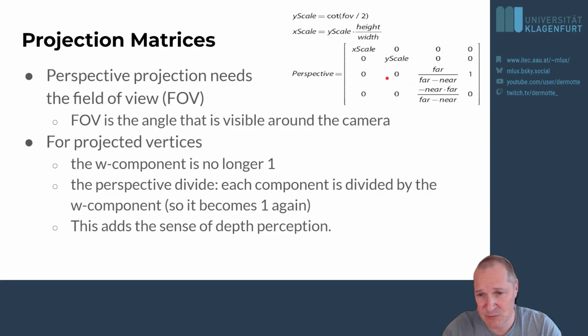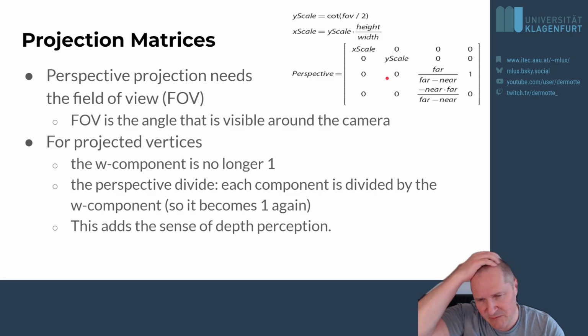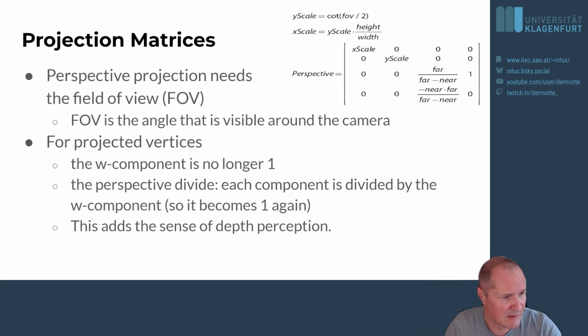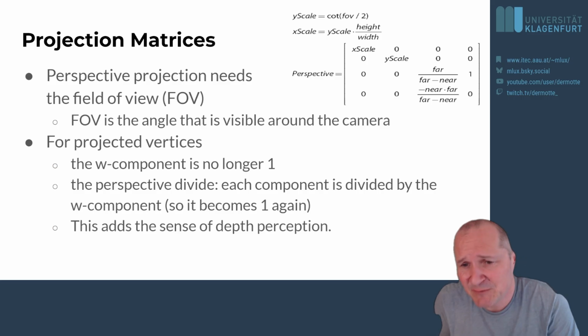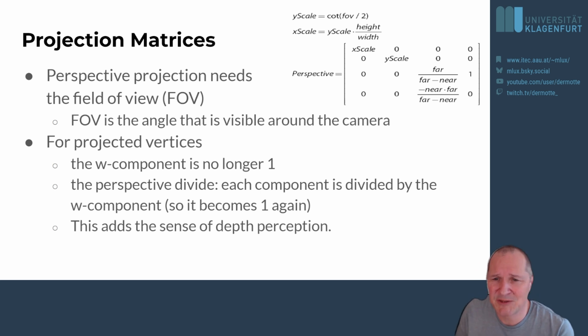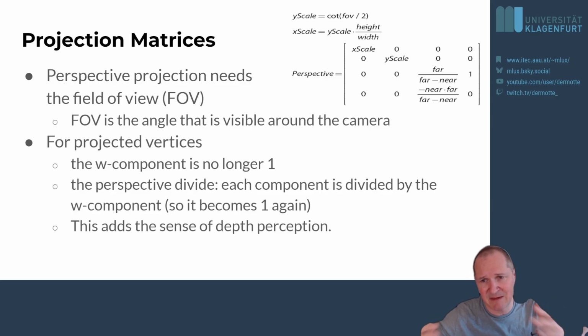After this perspective projection matrix, the W component is some number, and each of the points you run through the projection matrix is then divided by the W component, so that the W component becomes 1 again. And this adds the sense of depth, the perceived depth, because then it makes the things that are farther away smaller.